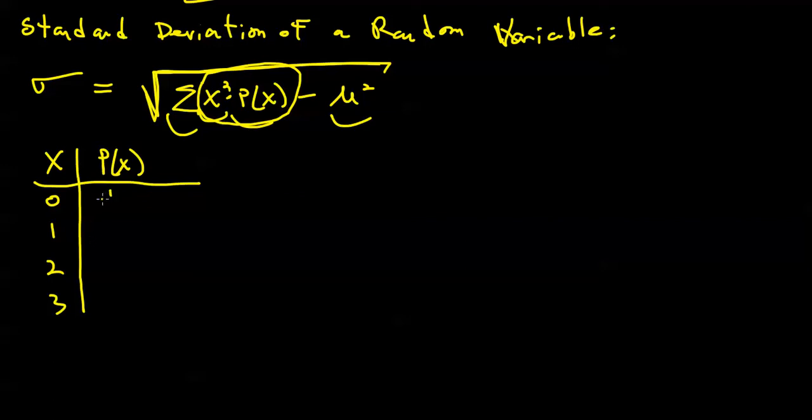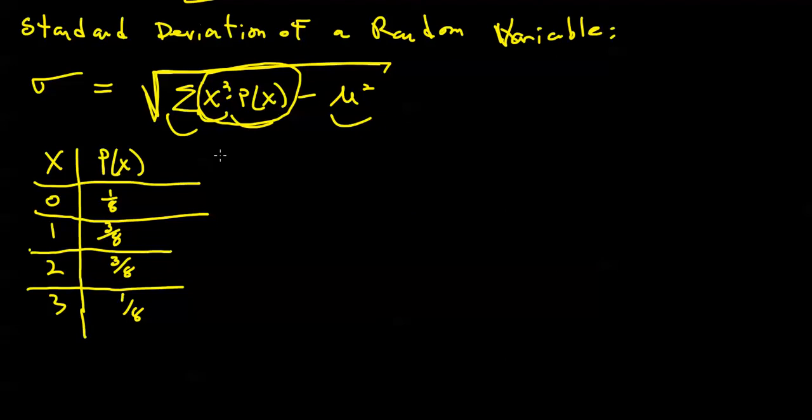Alright, well, let me fill in these probabilities first. 1/8, 3/8, 3/8, and 1/8, right? Alright, so I'm interested in the sum of this third column here, which I will label x squared times p of x.